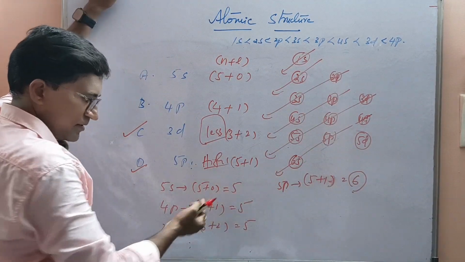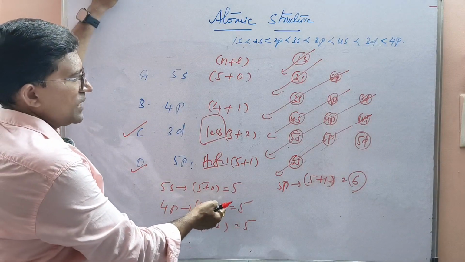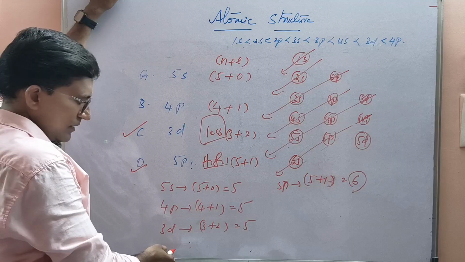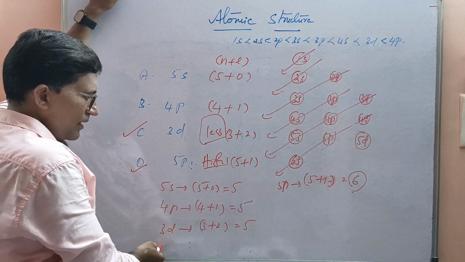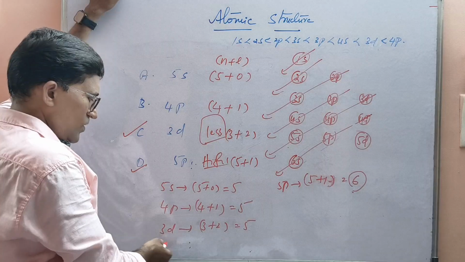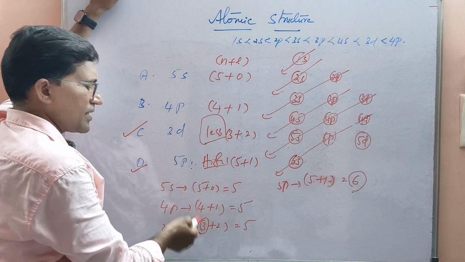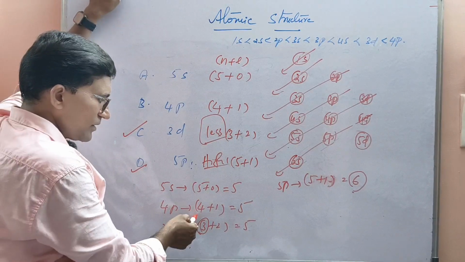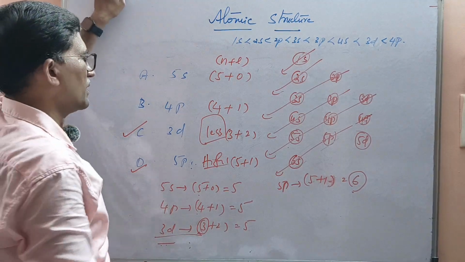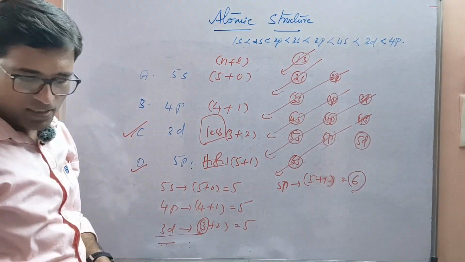But among the other three, all have the same n plus l value, 5, 5, 5. But the orbital with the least n value is the one the electron enters first. So the 3d orbital has the lesser n value, n equal to 3 here, compared to the others. Hence, it has less energy. The 3d orbital has the least energy.